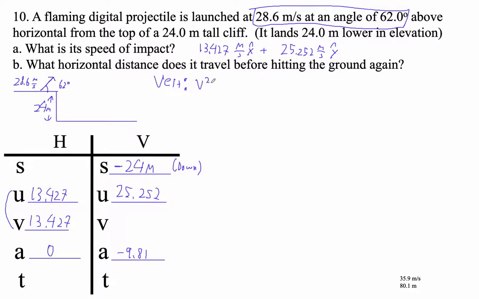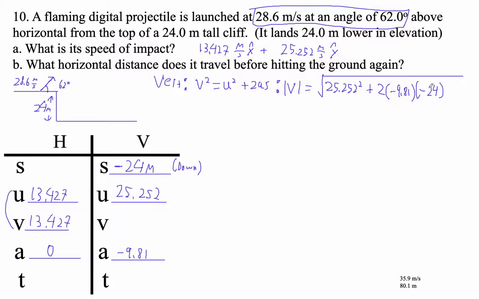let's do v squared is u squared plus 2as, right? So the absolute value of v is equal to the square root. Let's see, our initial velocity is 25.252, plus 2as, so 2 times negative 9.81. And then our s is down 24.